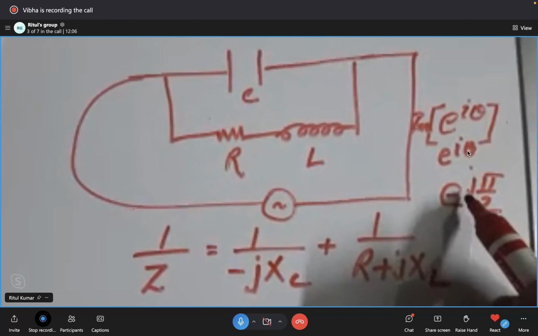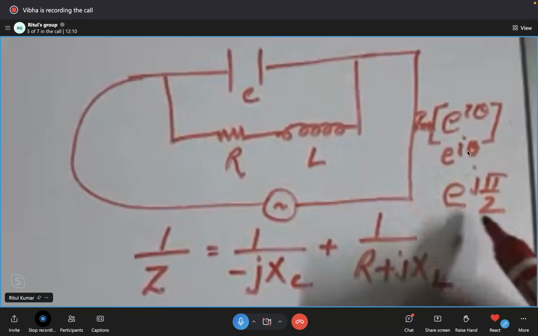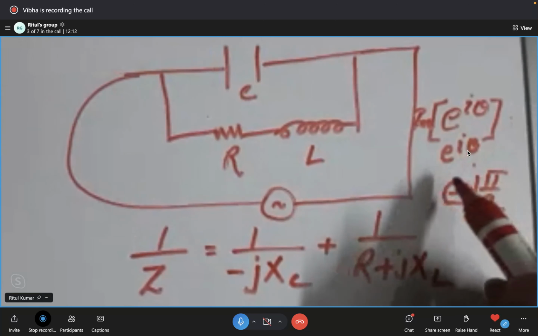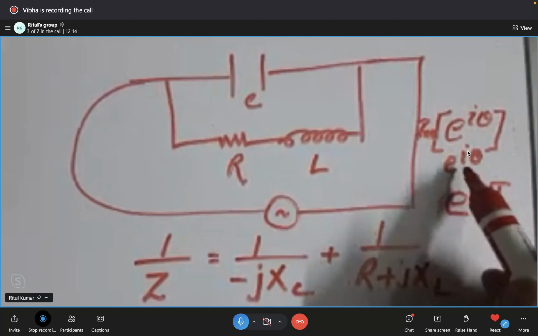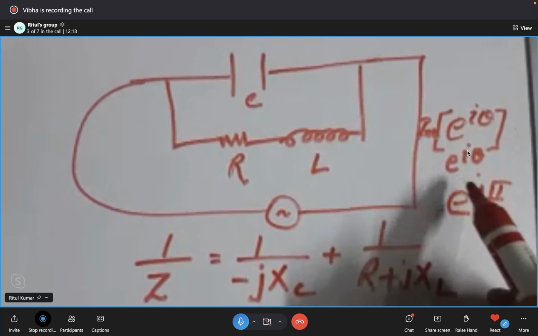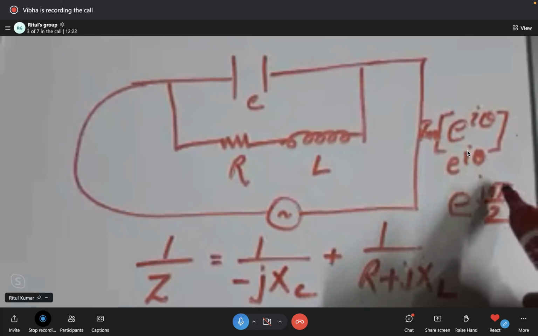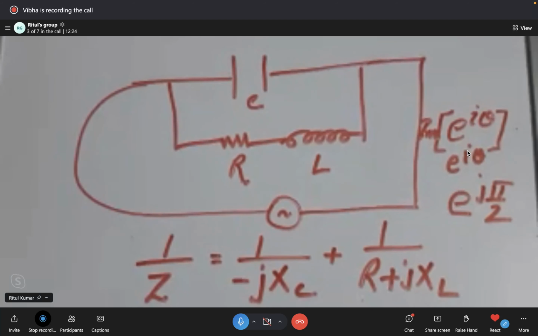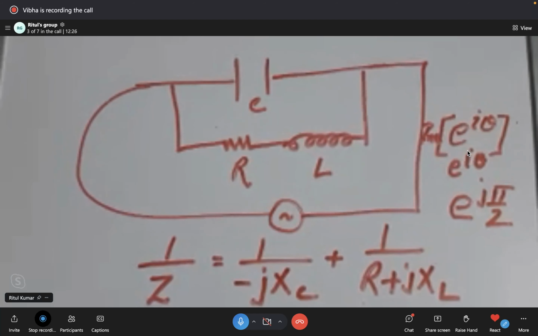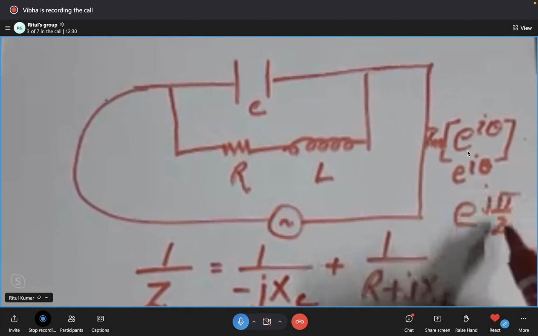If I multiply this with this factor, which is nothing but j to me, then what I'm doing to this is rotating it anti-clockwise by pi by 2, correct? Yeah. So one second, the thing that you are hovering your mark over right now, is it e to the i pi by 2? Yeah, it will be i pi by 2.